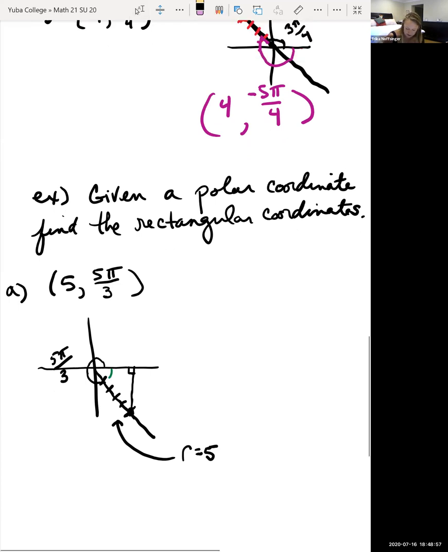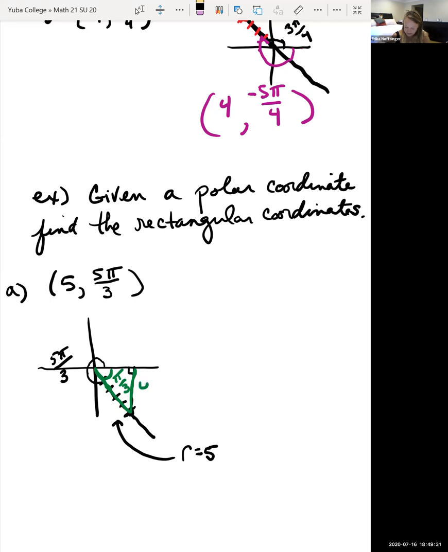To get up here to the 2 pi, we would have had to add another pi thirds. So think about which trig function would use your hypotenuse if we wanted to get this y value. This y value of our point from pi thirds is opposite, and we're using hypotenuse.